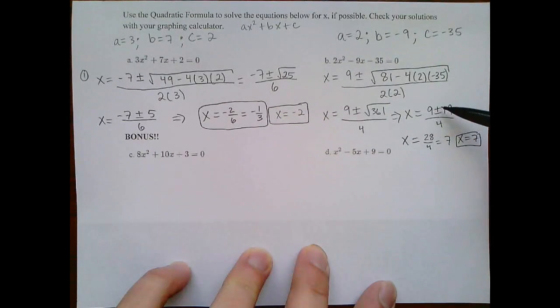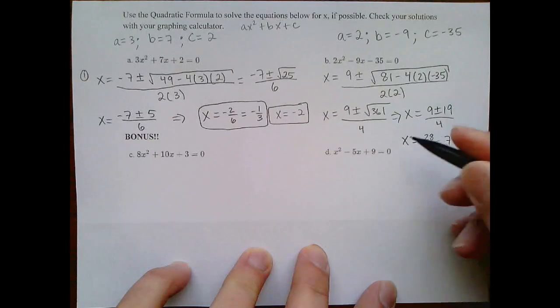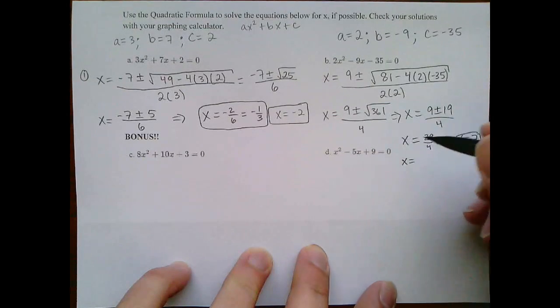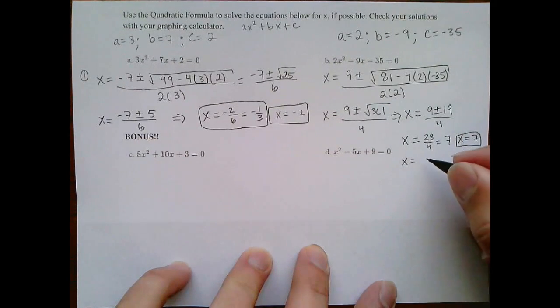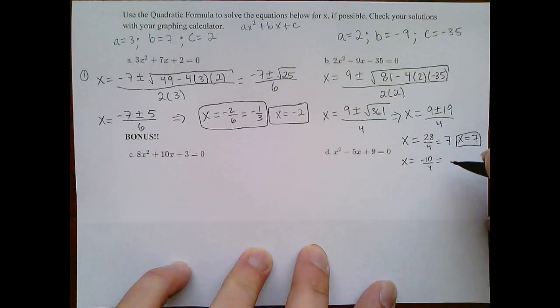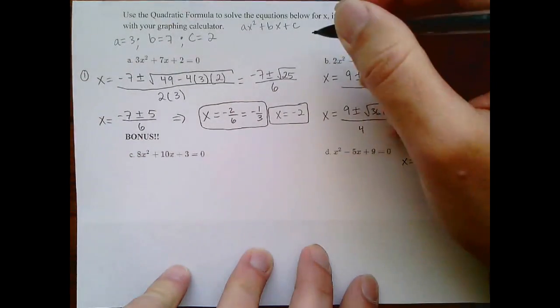But now instead of 9 plus 19, we can subtract. What's 9 minus 19? 9 minus 19 is negative 10 over 4. It can reduce by a factor of 2. So 2 goes into 10 5 times, 2 goes into 4 2 times. So x would be equal to negative 5 over 2, which is the same thing as negative 2.5.